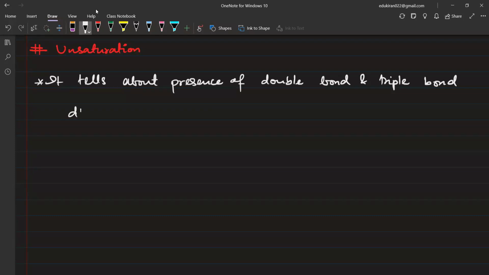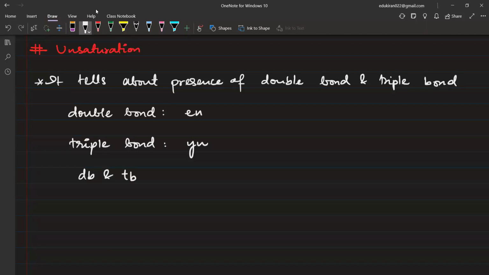So if double bond is present, then double bond is represented by En. Okay, only En. If triple bond is present, then we represent it as Yn. If both double bond and triple bond are present, then we represent it as En, Yn.